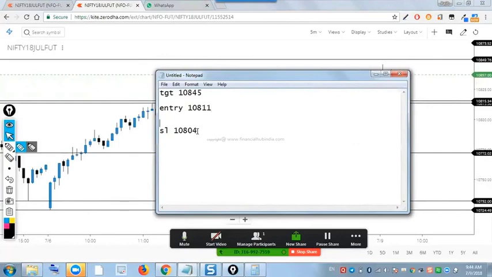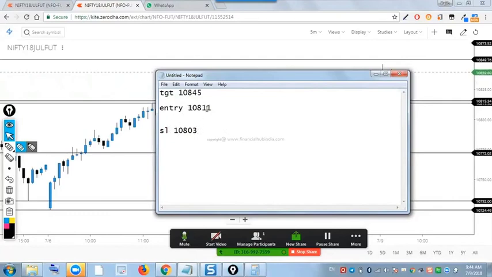With 10,804, I can at least enter on 10,812. So anyhow, I'll just explain it with 10,811 and then let's see. Anyhow, 10,803, 10,804 both will work out. Hopefully I'll revise it to 10,804 because I see 10,803 is a bit much lower. Now target, entry, SL.